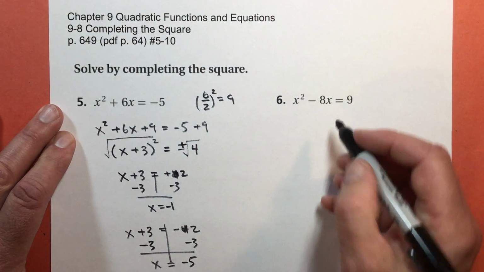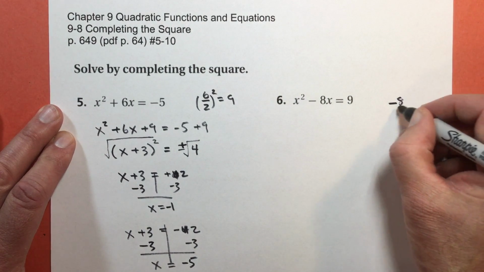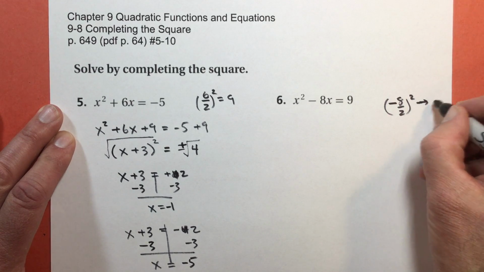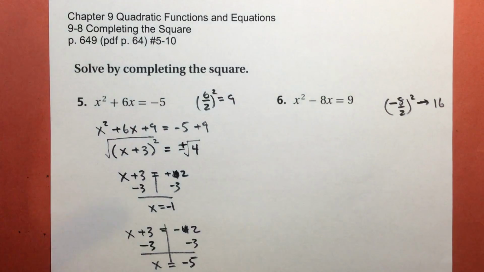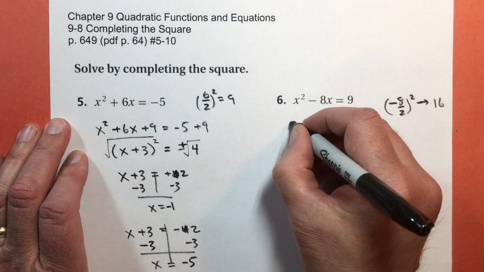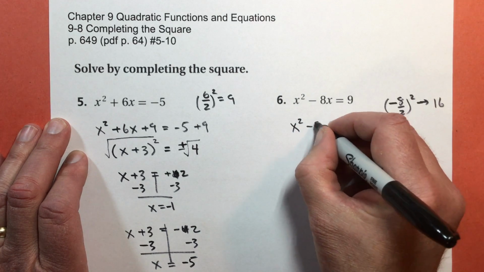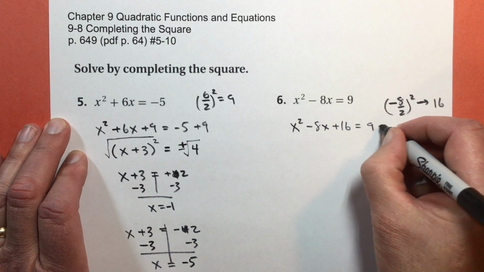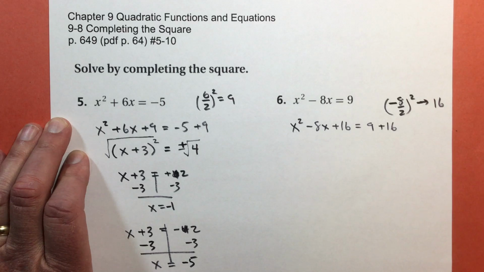Let's do number 6. Negative 8 divided by 2 is negative 4, and negative 4 squared gives me positive 16. So I'm going to add 16 to both sides. x squared minus 8x plus 16 equals 9 plus 16.